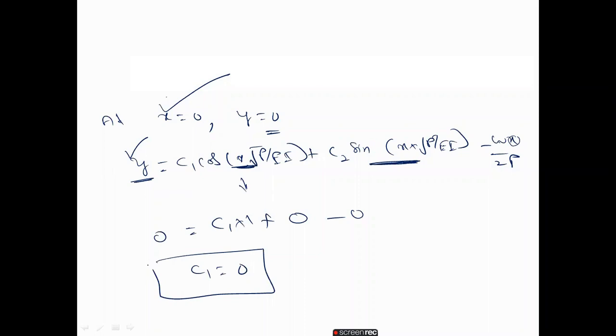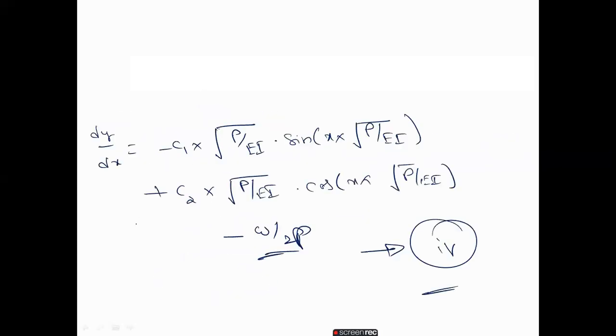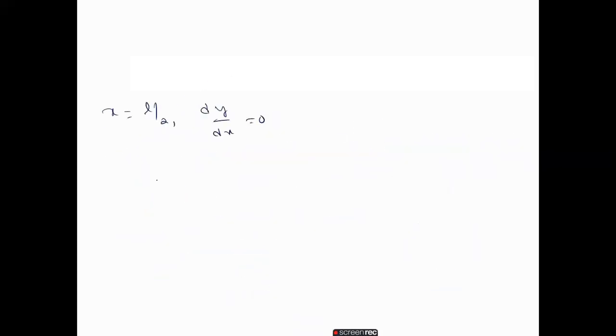My dear students, please understand clearly whatever I am writing here. The next boundary condition is x equal to L by 2, dy by dx equal to 0. So I will substitute into the slope equation we already have.